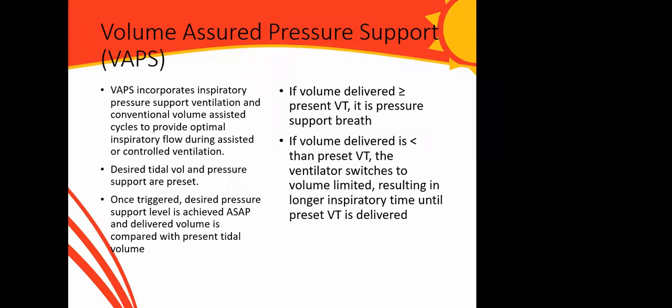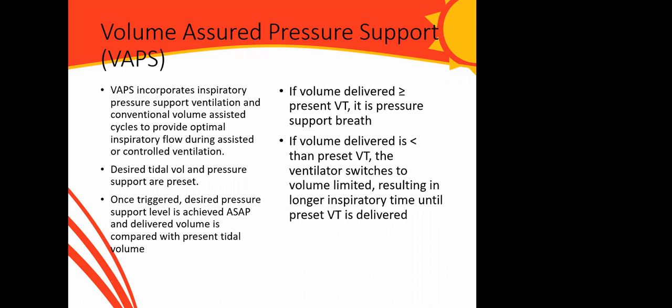Once the patient triggers this mode of ventilation, the desired pressure support level is achieved as soon as possible, quickly, and the delivered volume is compared with the preset tidal volume. Then, if the volume delivered by the ventilator is more than the preset tidal volume, you have what we call a pressure support breath. So you're not going to have additional tidal volume. What you have is pressure support.